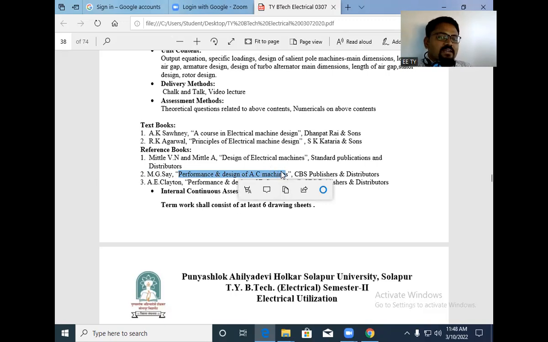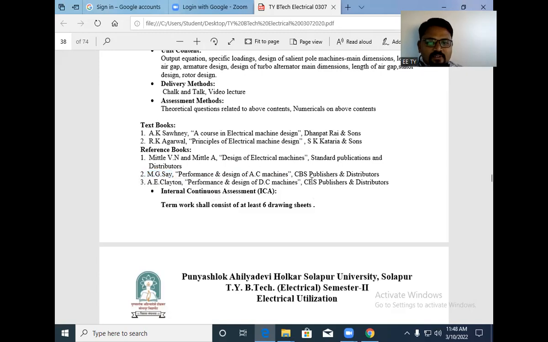After that, write down its publication: CBS Publishers and Distributors. Okay. After that, write down the author's name: M.G. Say. Here it is written M.G. Say.